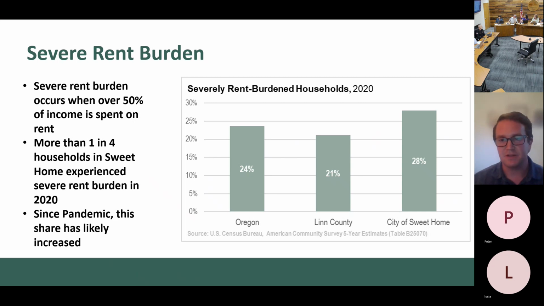So you can see among City of Sweet Home, you've got a higher severe rent burden rental population than Linn County and Oregon by a pretty significant stretch. 28% of your rental households experiencing severe rent burden. So, not surprisingly, that speaks to a need for probably more rental housing units in the next 20 years. So just something to think about as you consider policy options now and in the future with respect to housing.